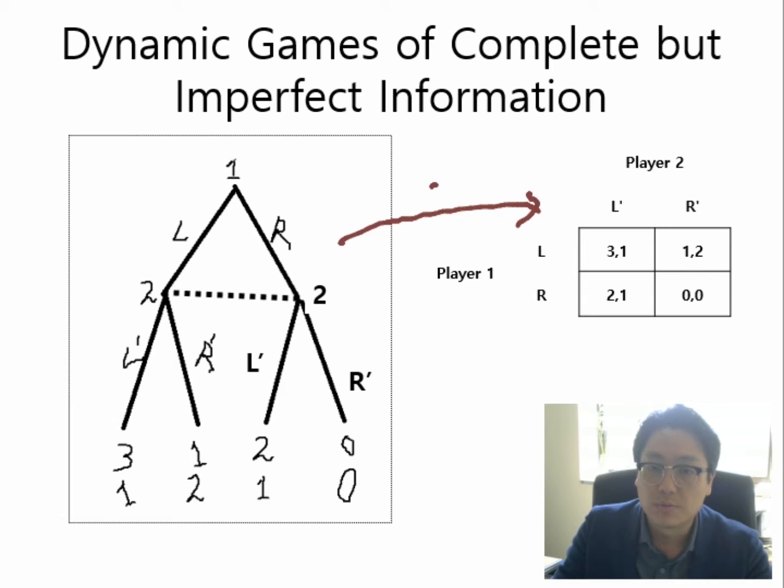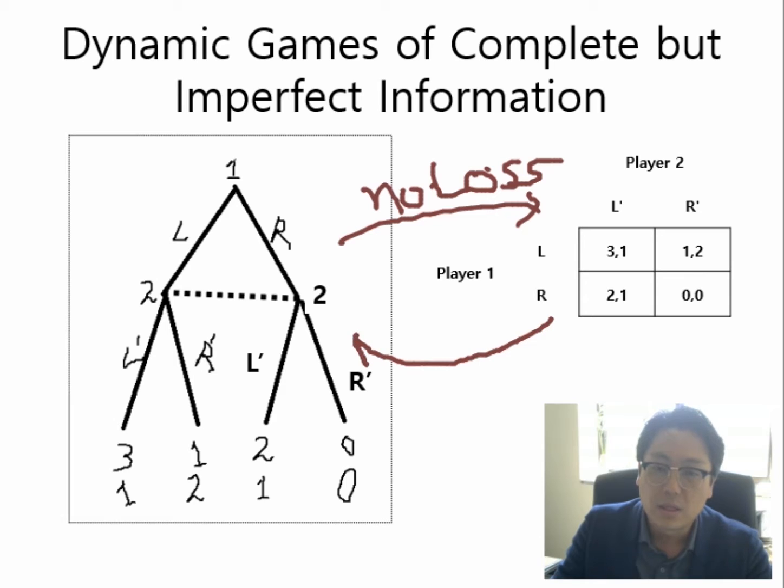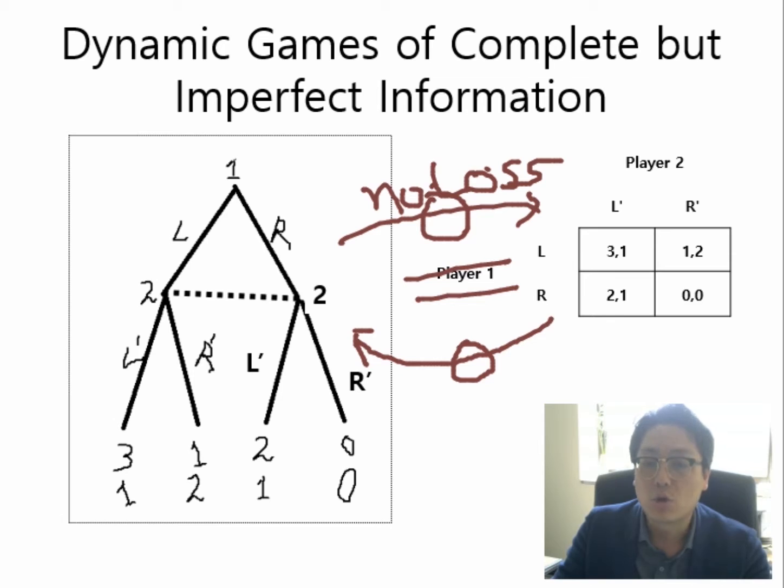There's no loss. And with these three components, this game can be illustrated by this extensive form game. As we can see, it's very useful and very exact. So nothing happened here. Also, there's no loss of information, so these two games are equivalent.